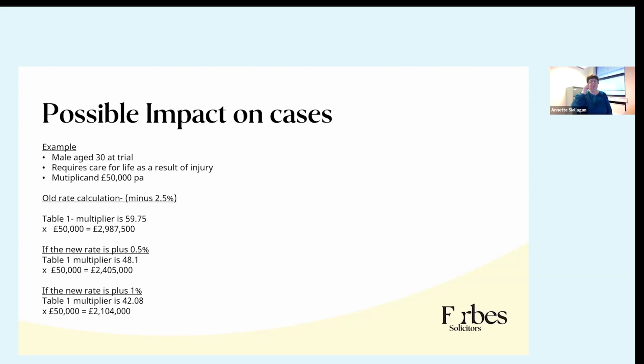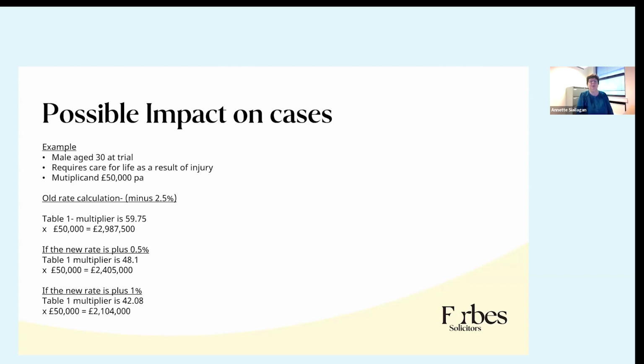I've just put on one very crude example here. Let's just say a male aged 30, he needs 50,000 a year care. If you used the old rate in England and Wales, which is minus 0.25%, you come out with a multiplier of 59.75. So your calculation of that head of loss alone would be just over 2.9 million.